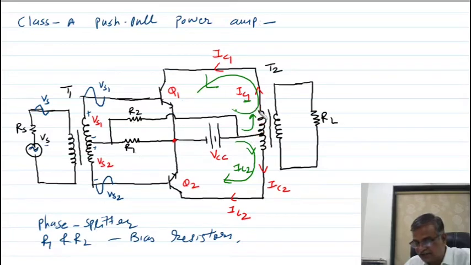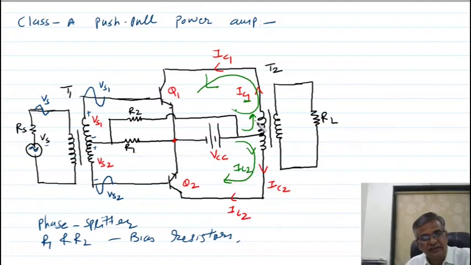Both collector currents passing through the primary of T2 are in opposite directions. As a result, the magnetic field effect is cancelled. You can see here VCC is connected to the center point of the transformer T2, and the current will flow in the primary of the transformer T2 in opposite directions.